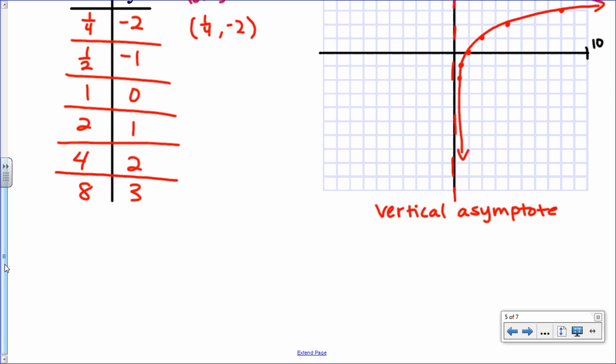Vertical lines are x equals, so the equation of my asymptote is x equals 0. This is the graph of log base 2 of x.